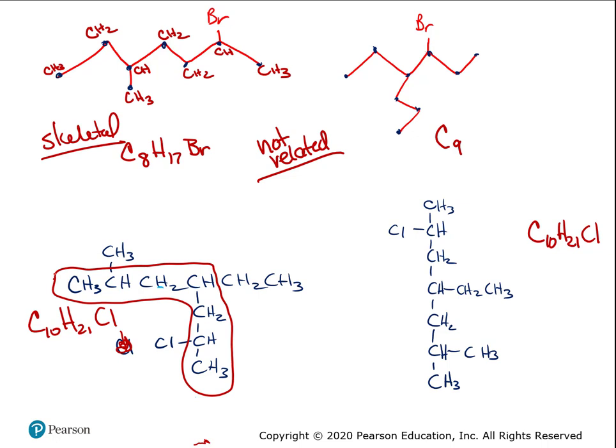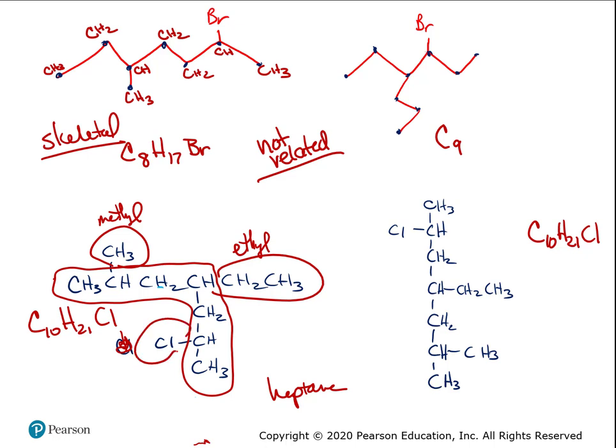Everybody see that? So 7 makes this a heptane. And so now I've got this, which is a methyl. And I got a CH2, CH3. What's a 2-carbon group hanging off? Ethyl. And then I've got this. So this is a chloro.